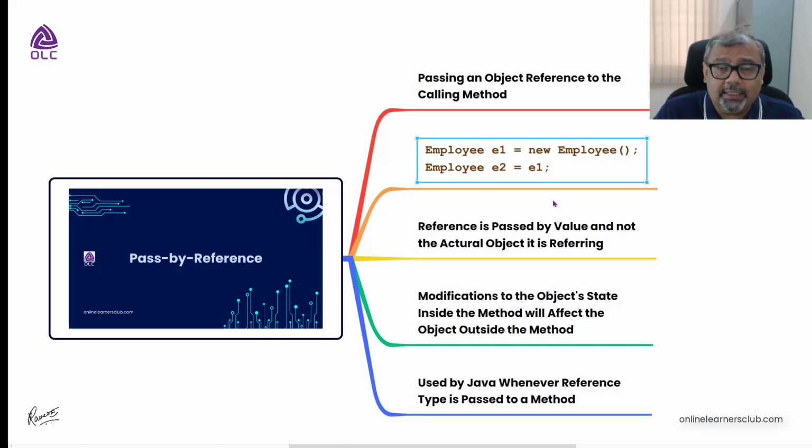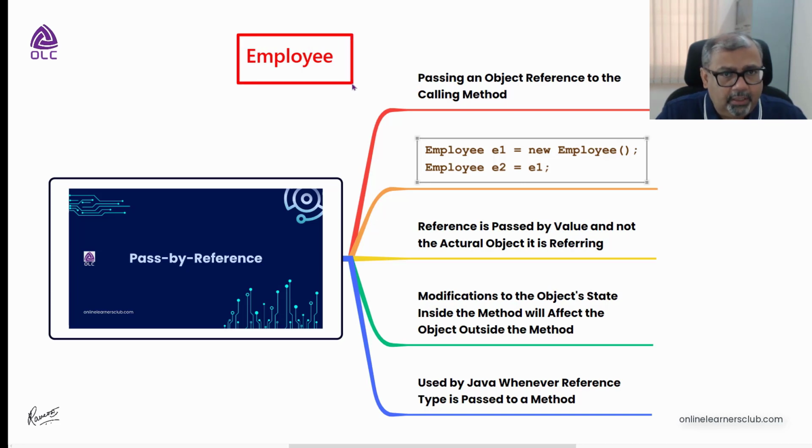In order to understand this better, let's illustrate this with a simple graphic. What happens when a new employee object is created? The employee object is created in the heap. This is my employee object, and this is my heap memory.